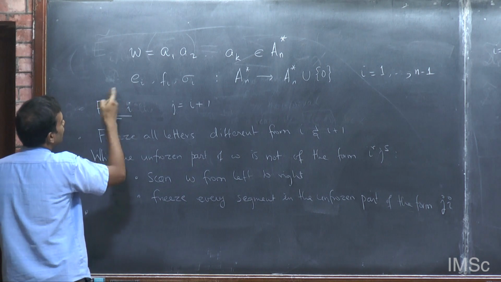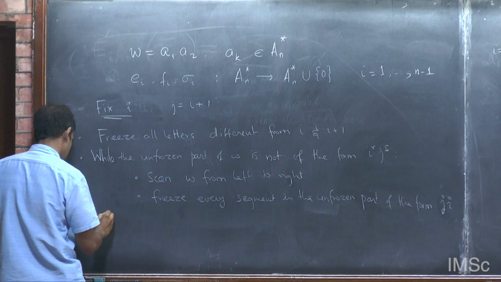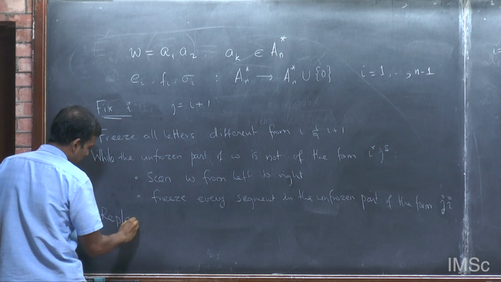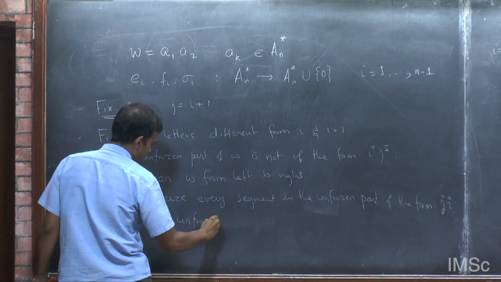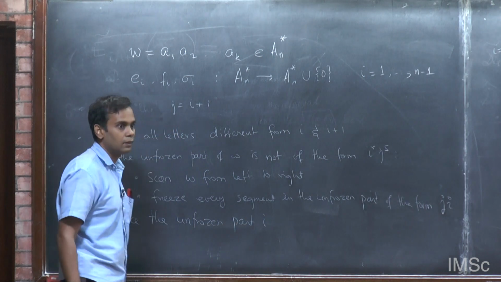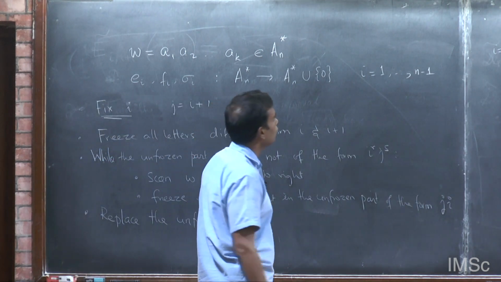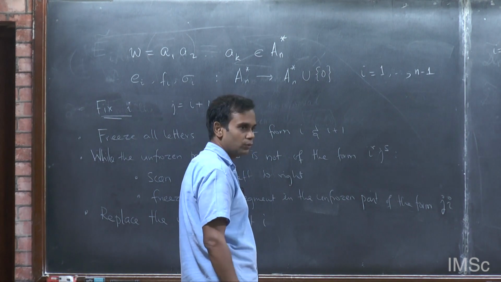So for E_i, so now replace the unfrozen part by, sorry, no, for all of them I am fixing, I will define now for each of them what to do.